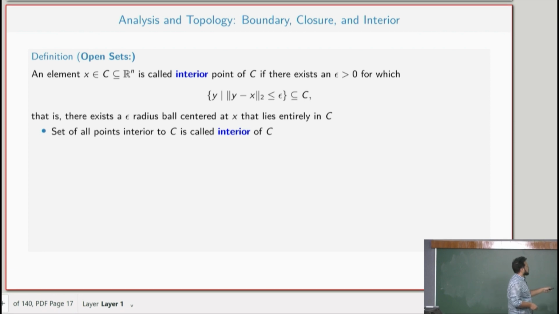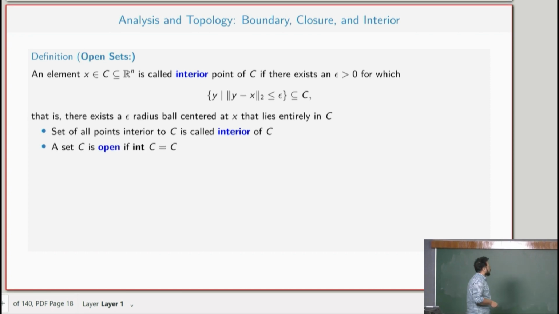So you can go and check for all points of the set C whether I can draw however small a ball so that it's completely inside C. Go to another point and check the epsilon ball and see if the whole ball is completely inside C. So you will get a collection of all the interior points. Now the set C will be declared an open set if the interior of C happens to be the whole set C, meaning all its points are interior points.